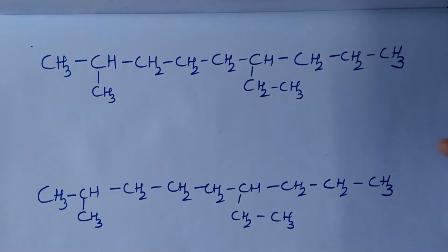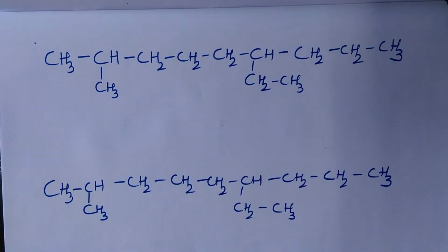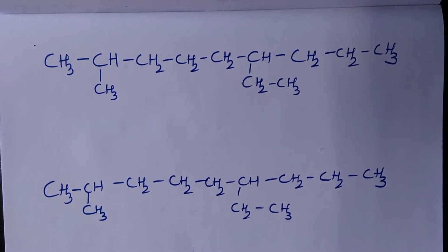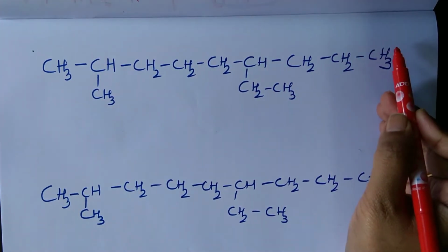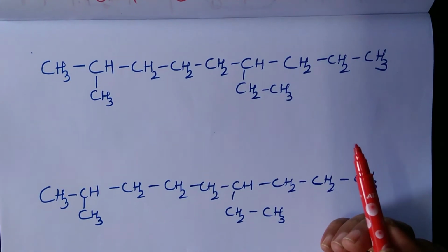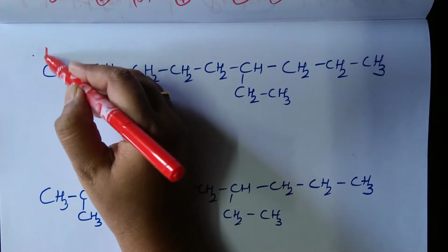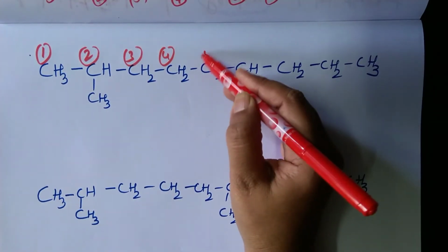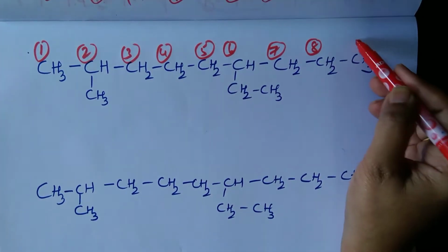Now I have written here 2 examples and both of them are same. I have to select the longest carbon chain. This can be the longest carbon chain. This can also be the longest carbon chain. We shall write the numbers in different examples and check. So 1, 2, 3, 4, 5, 6, 7, 8 and 9.